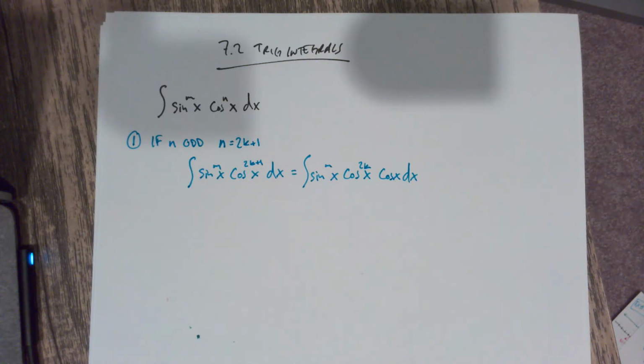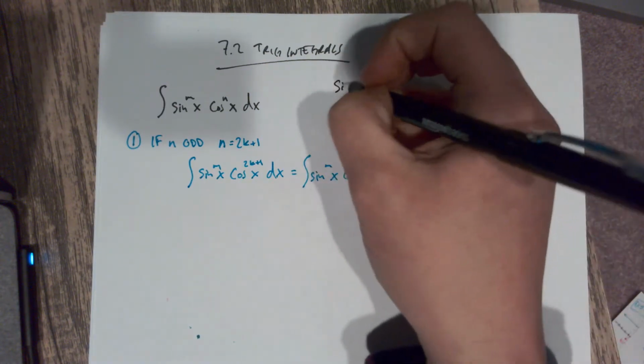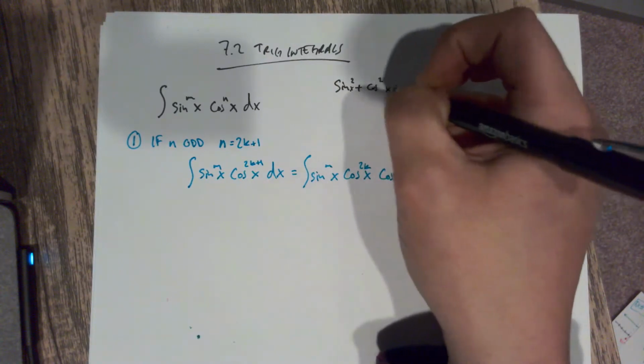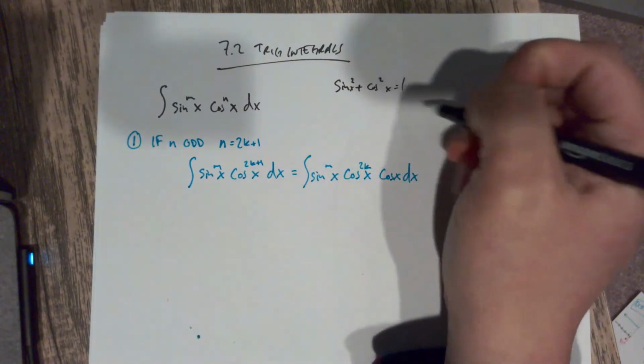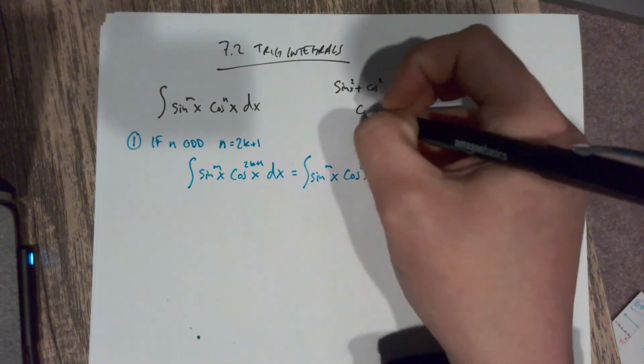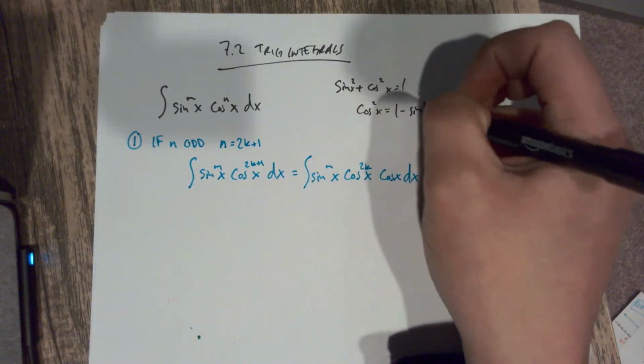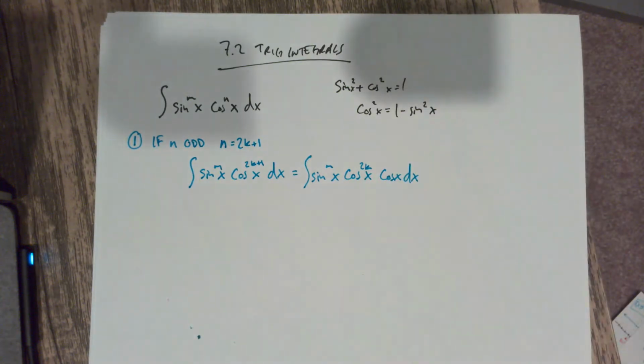Another thing that's going to be helpful here is remembering some of our trigonometric identities, like sine squared plus cosine squared equals 1, and the different ways that we can rewrite that, like cosine squared equals 1 minus sine squared, or sine squared equals 1 minus cosine squared.